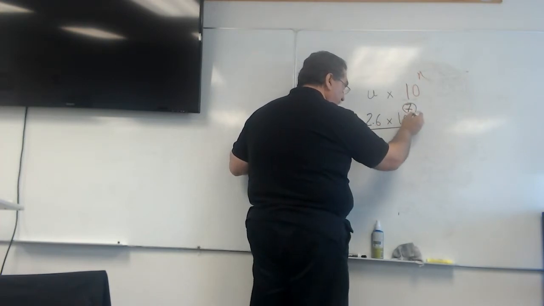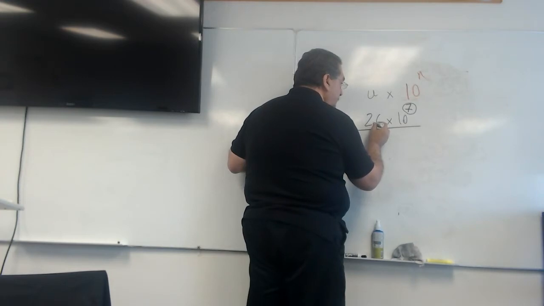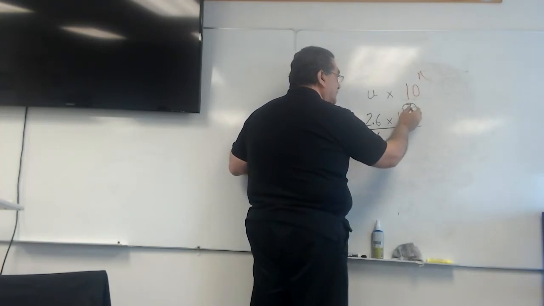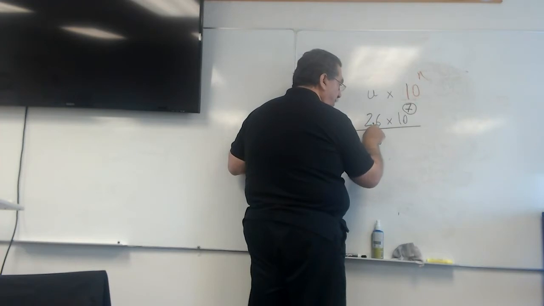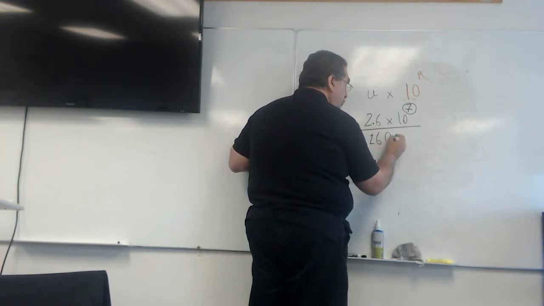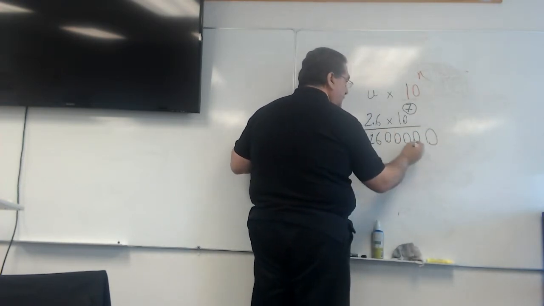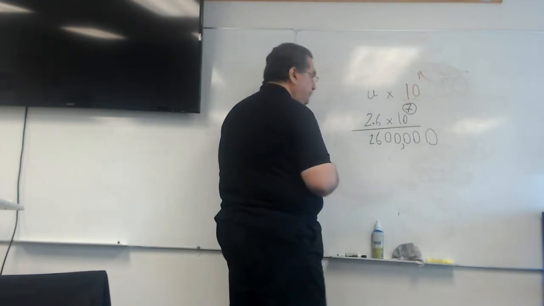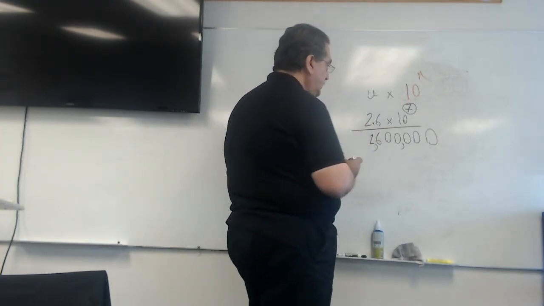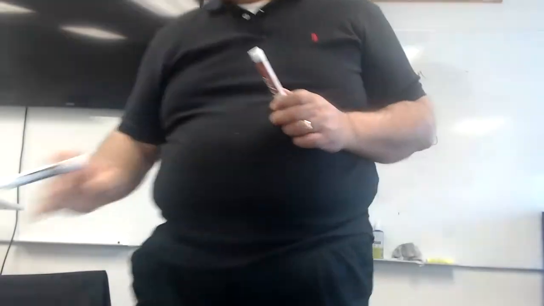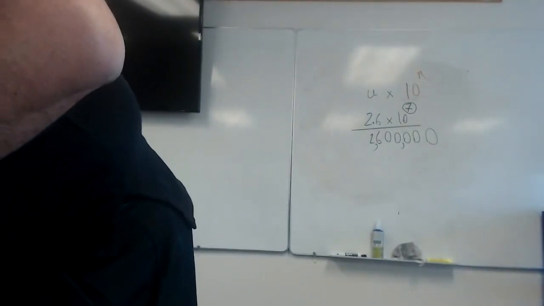When the exponent is positive, go here, here's a decimal point, okay? That's not a multiplication, this is a decimal. Write 26, then from 7, it goes 1 for the decimal, 1, 2, 3, 4, 5, 6. That's the same as 2,600,000.